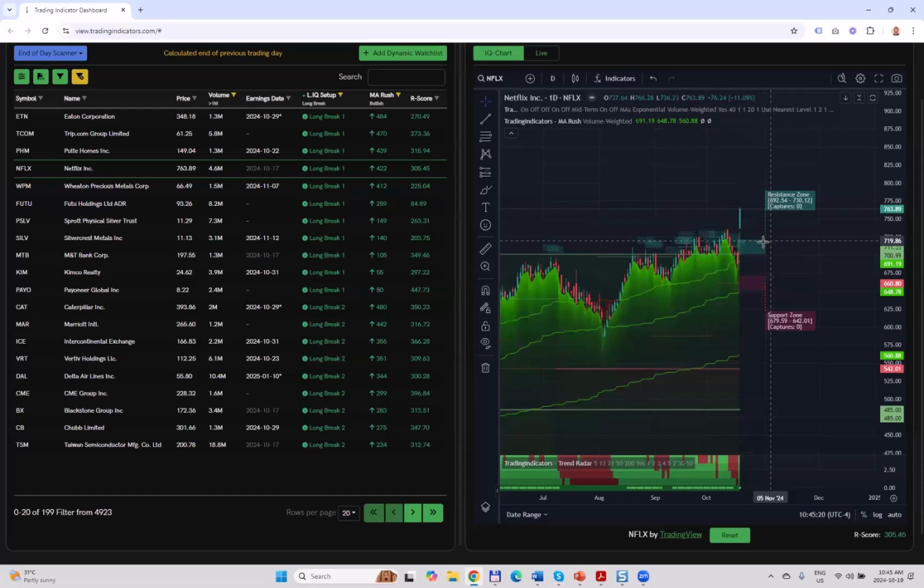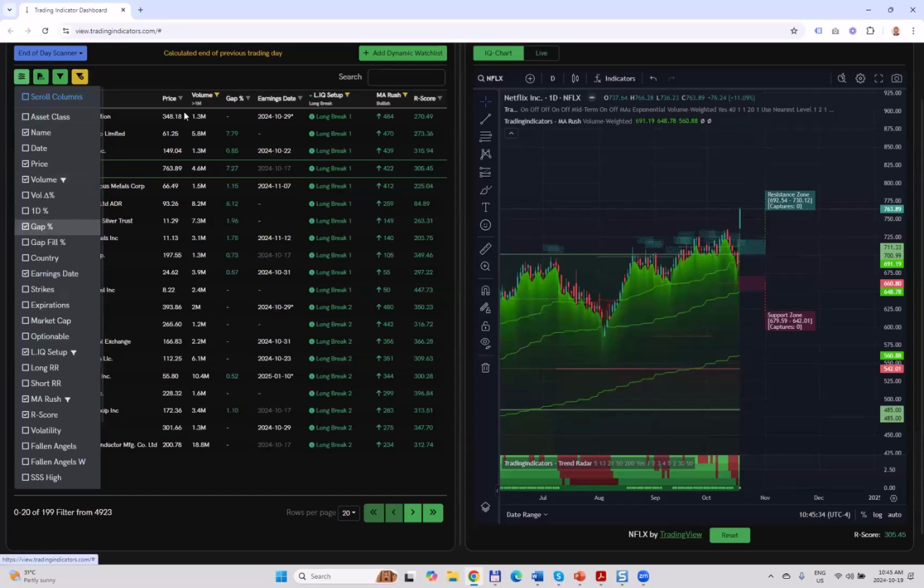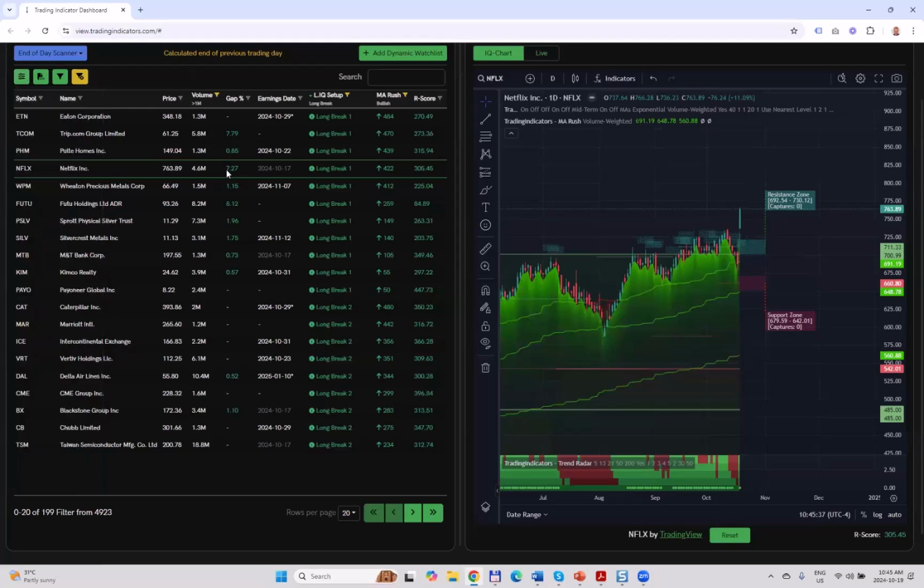But if you come down here to this level, I may contemplate once again to re-enter long for Netflix, but not at this point. And I think we had a question about the gap column here. So if I bring up the gap column here, we can see that Netflix did have a gap of 7.27% after these earnings, this big jump up. And this gap was not filled at all on Friday.